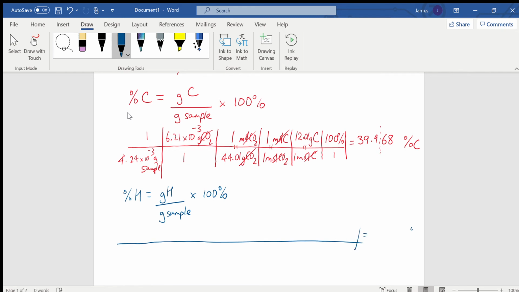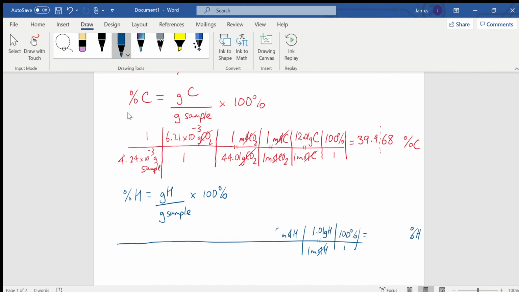Okay, so let's execute that plan. And we're going to get percent hydrogen. So we'll start with a percentage. We're going to retrofit this backwards. I know from the periodic table that 1.01 gram of hydrogen, well, by definition, that's a mole of hydrogen, isn't it? Put mole of hydrogen up here.